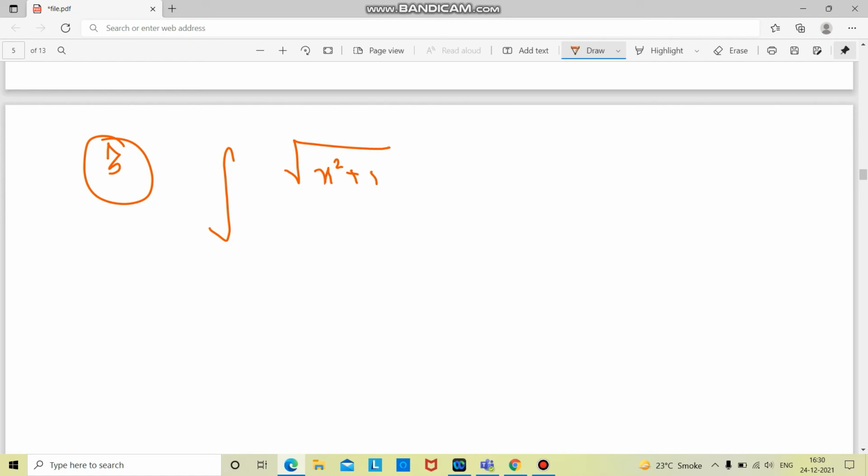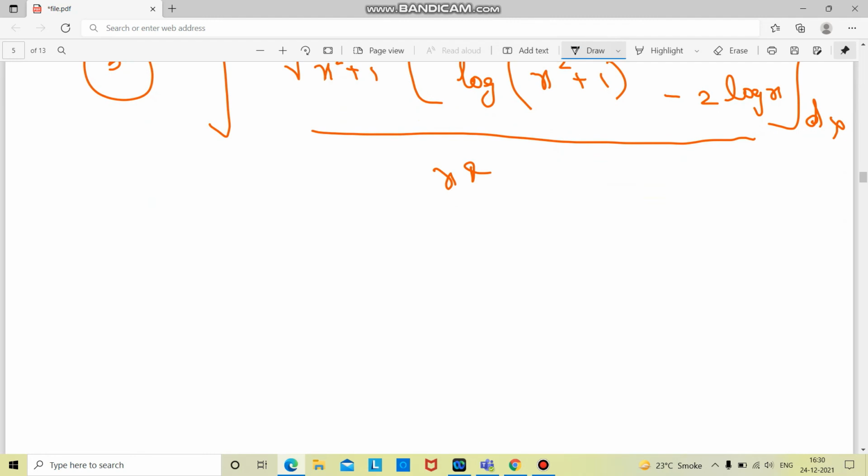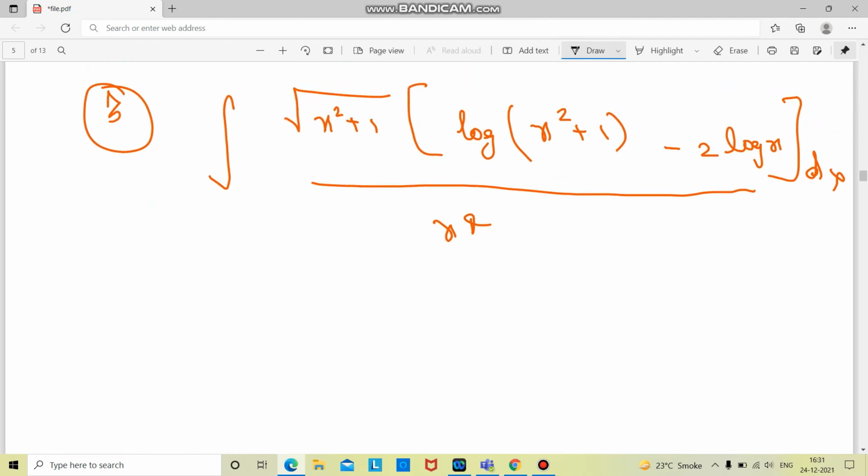Integral of under root of x square plus 1 times log of (x squared plus 1) minus 2 log x, divided by x to the power 4, dx. This is our question. We will see how to do it. Let's proceed.